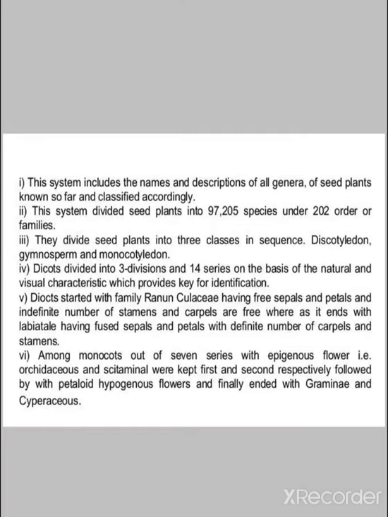Among monocots, out of 7 series with epigynous flowers, Microspermae and Epigynae were kept first and second respectively, followed by the petaloid hypogynous flowers, and finally ended with Gramineae and Cyperaceae.